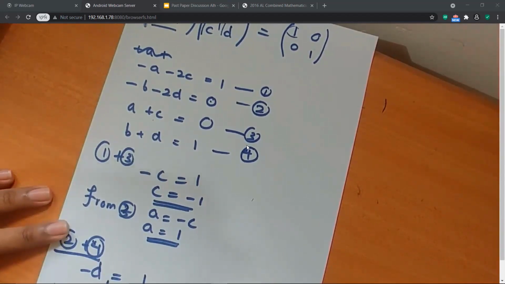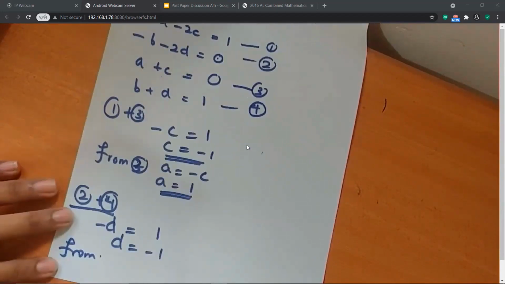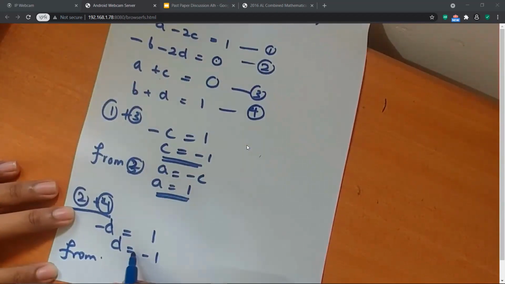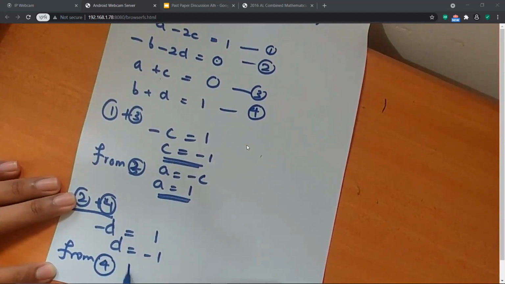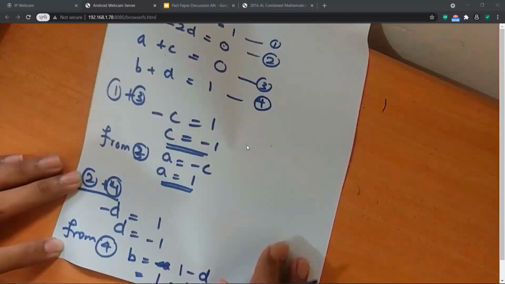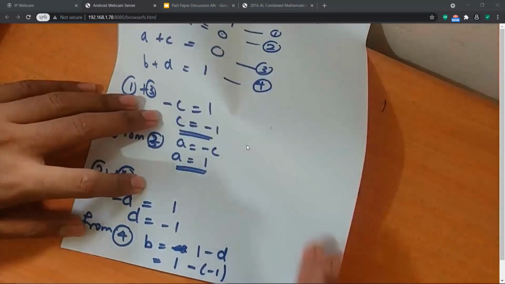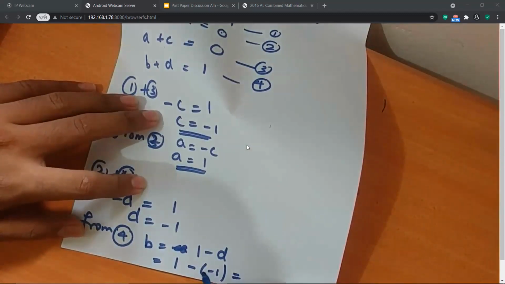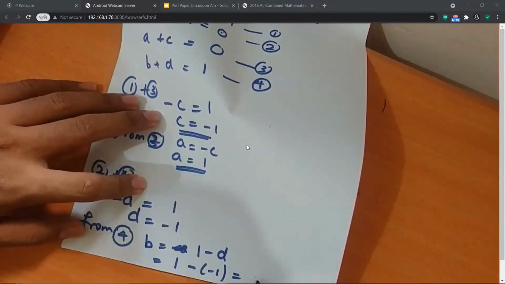From 4, B is equal to 1 minus D, that is equal to 1 minus, what is D, -1, that is equal to minus becomes plus, 1 plus 1, 2.